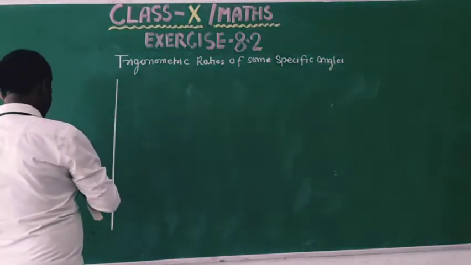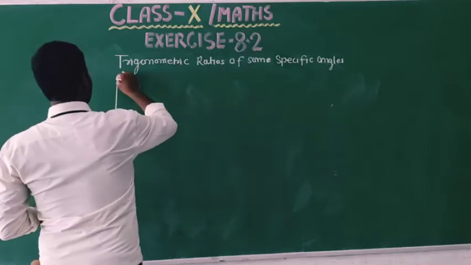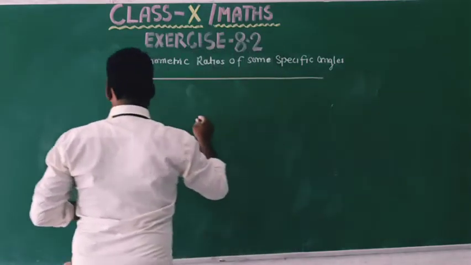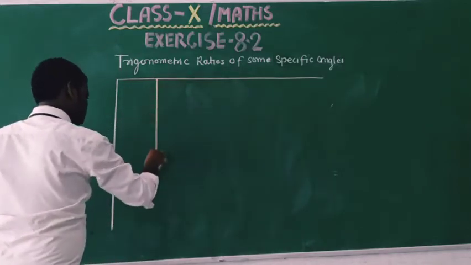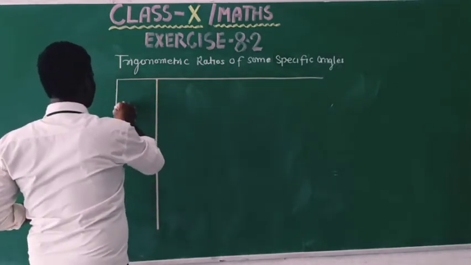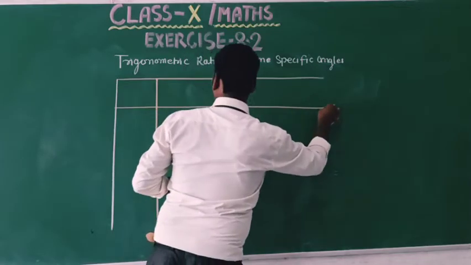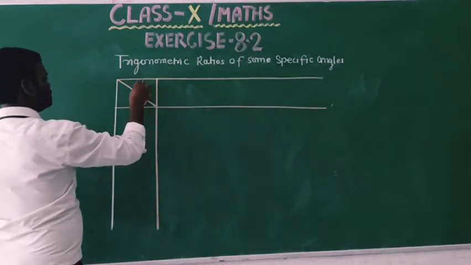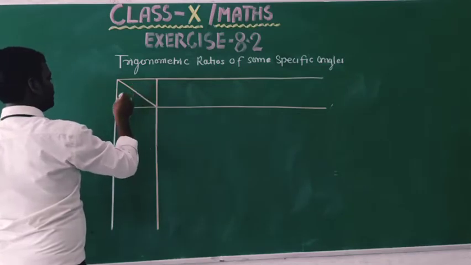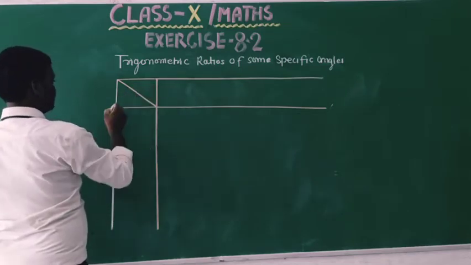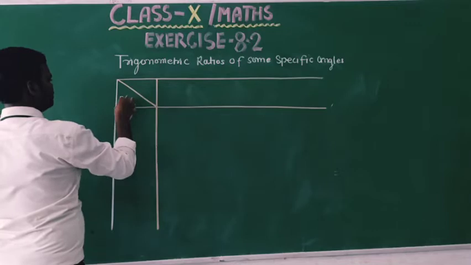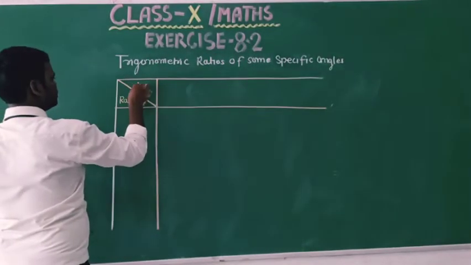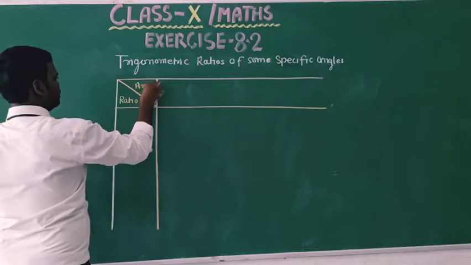This is the table of trigonometric ratios, and I will draw it. Here I write ratio in the column, and this is the angle row.